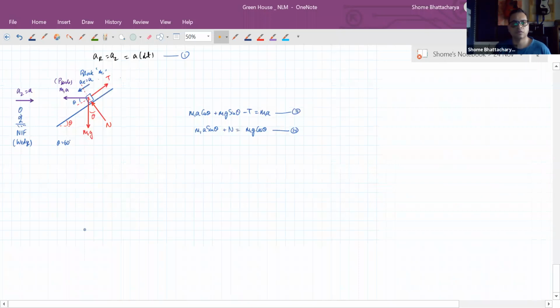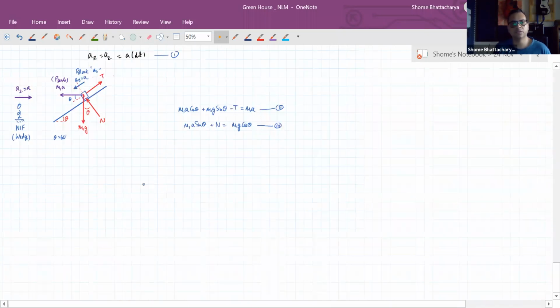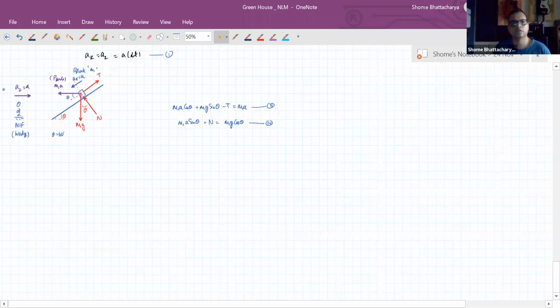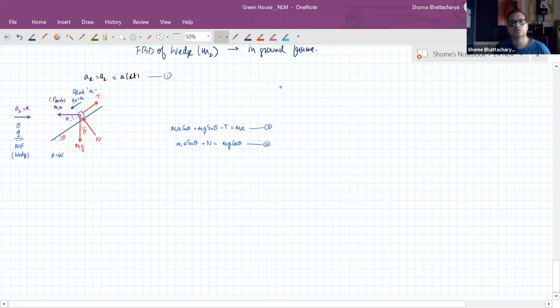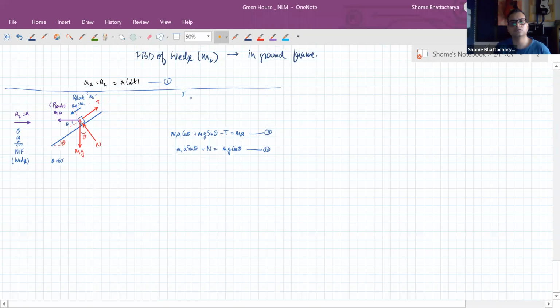Okay. So next we will make the free body diagram. So this was the FBD of the block. Now next we'll make the free body diagram of the wedge. So if you go back to the earlier diagram, you will understand on the wedge there are a number of forces which are acting.